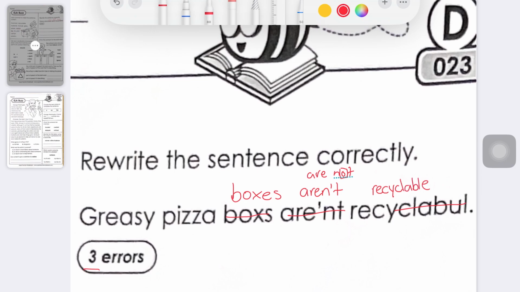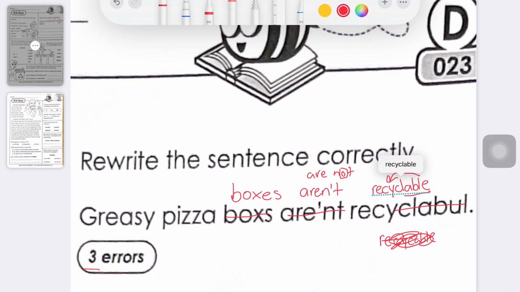Recyclable. Nope, I'm right. Recyclable. Able to recycle. Able to be recycled. Recyclable.